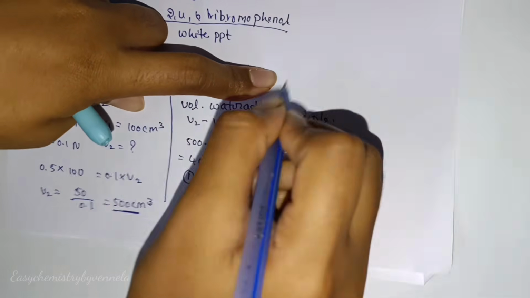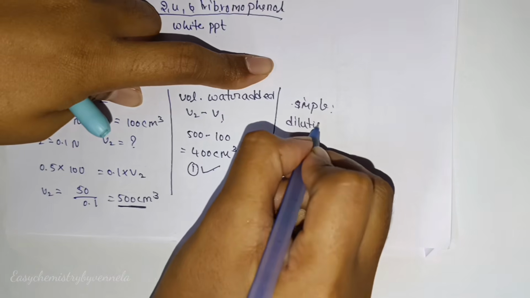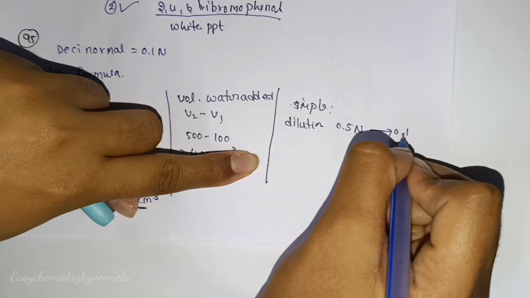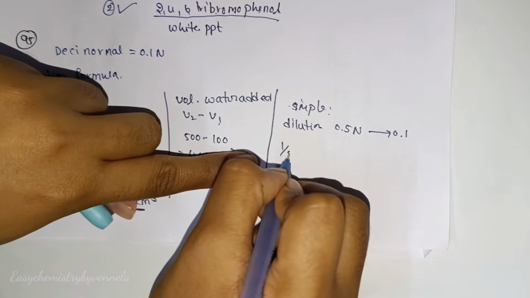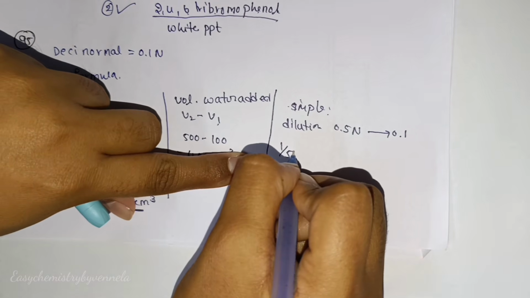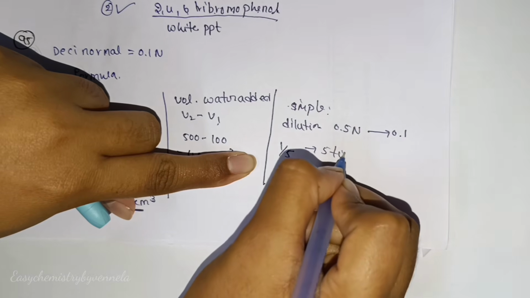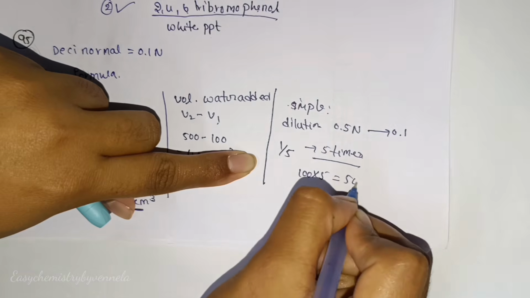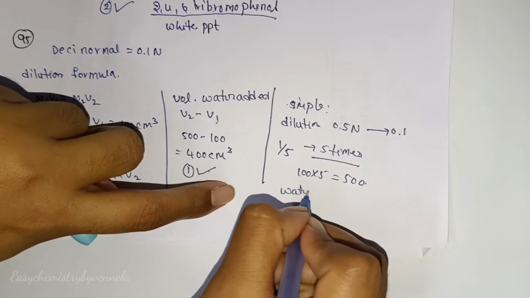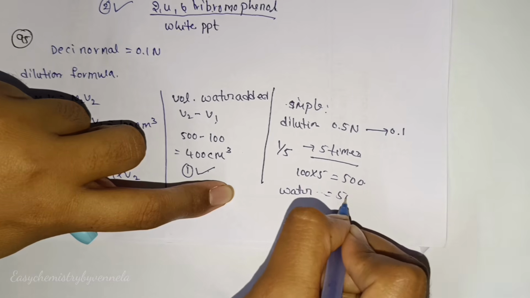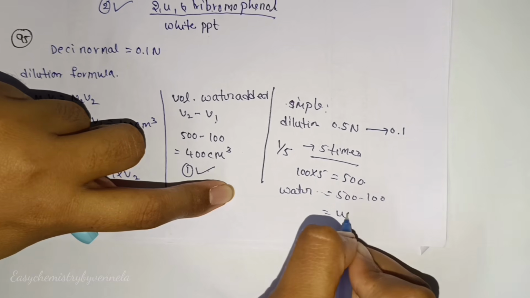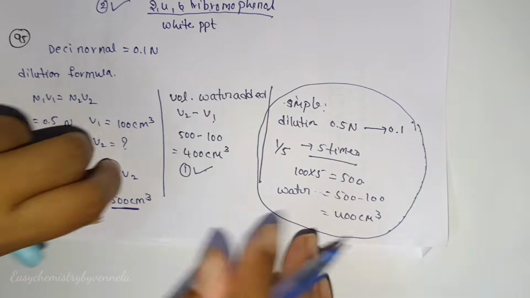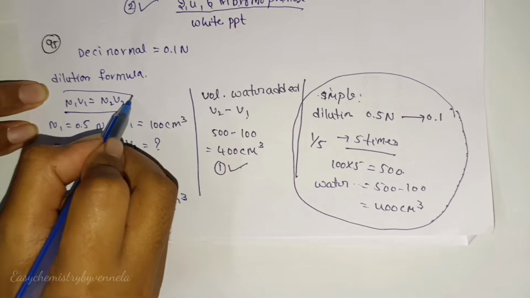In a simple method, dilution: 0.5 is converted to 0.1, so concentration becomes 1 by 5. So volume must become 5 times. That means 100 into 5, 500. So water added is equal to V2 minus V1, 500 minus 100, that is 400 centimeter cube. This is another method. The earlier one is formula based.